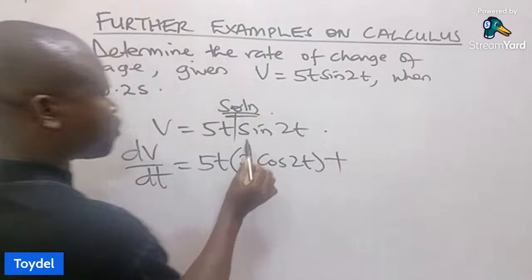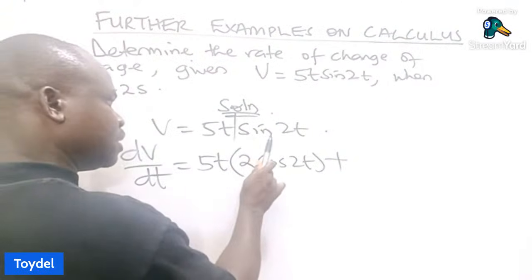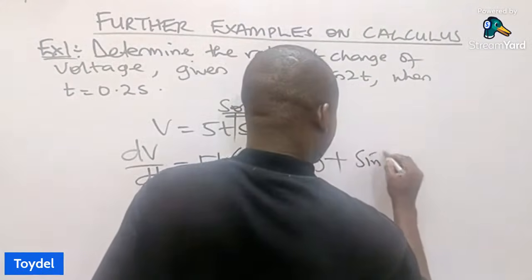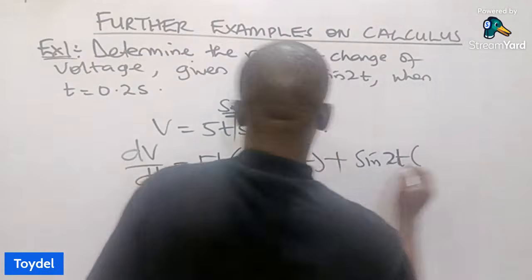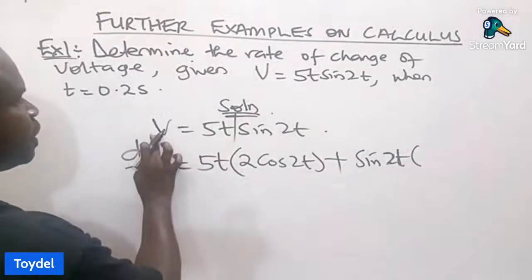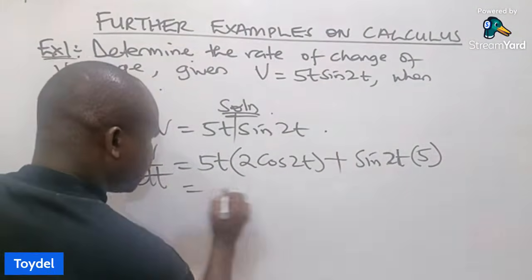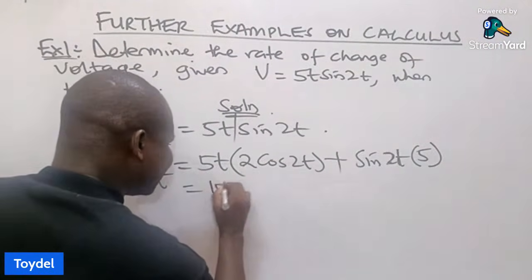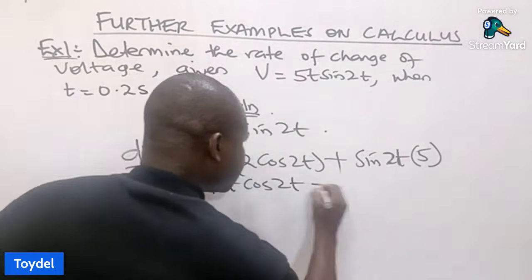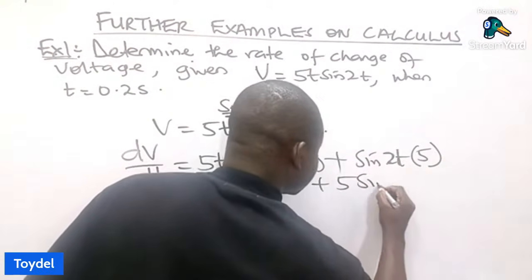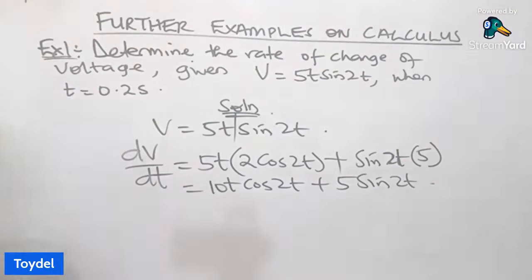Then plus, I will come back and pick sine 2t, then I will differentiate 5t, and I'm going to get 5 there. Then from there, we are going to have 2 times 5, that will be 10t cos 2t plus 5 sine 2t. So that will be the rate of change of voltage.